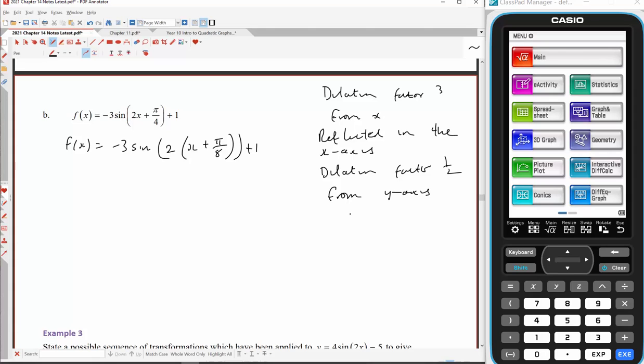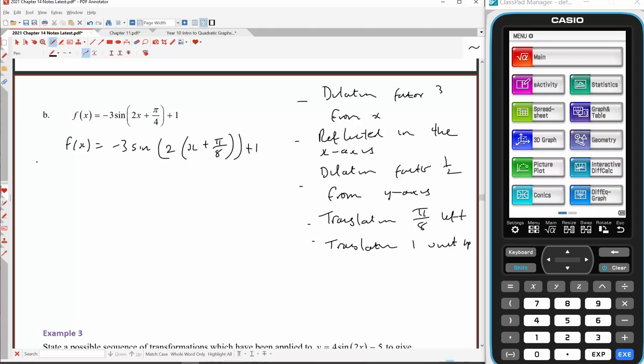And this is a translation, pi on 8 to the, what are we doing? Pi on 8 to the left, and a translation 1 unit up. So these will be a possible set of transformations.